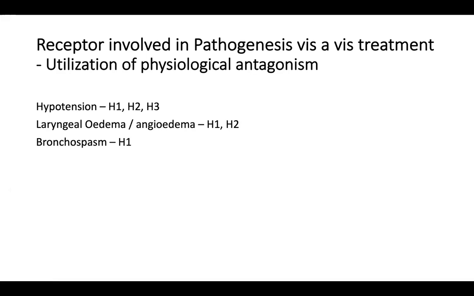Now H1 and H2 act simultaneously on vessels. Mostly the H1 receptor is present in the endothelium, and H1 and H2 both are present in the vascular musculature. When H1 is present in the endothelium, it will increase NO synthesis by iNOS action.